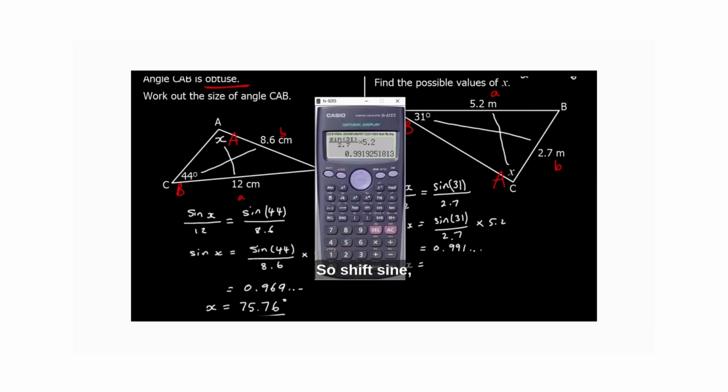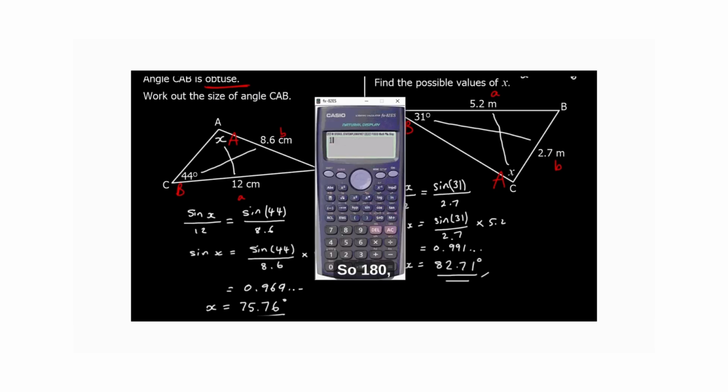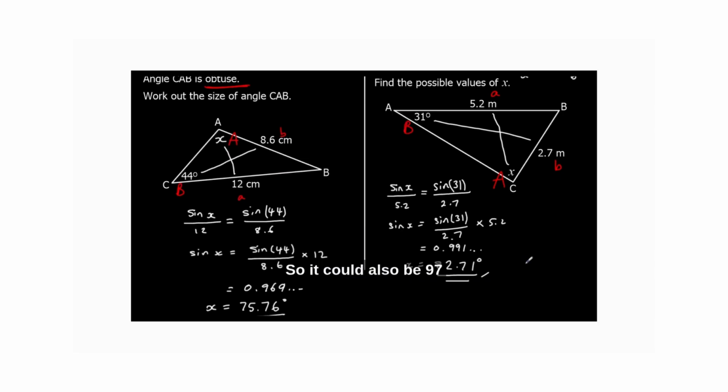So shift sine my answer, and that's 82.71 to 2 decimal places degrees. That's one possible answer. That's the acute answer, but there's also an obtuse answer. So 180 take away the answer, and that's 97.29. So it could also be 97.29 degrees.